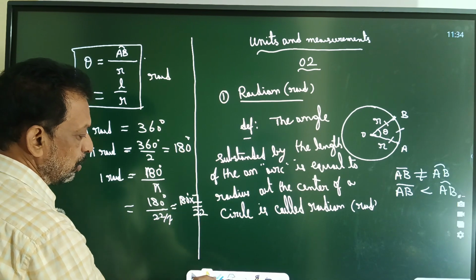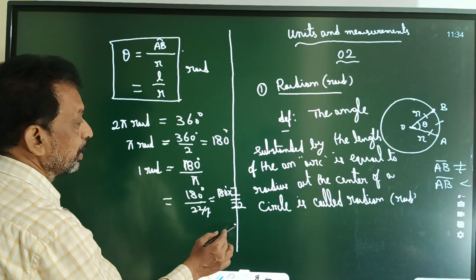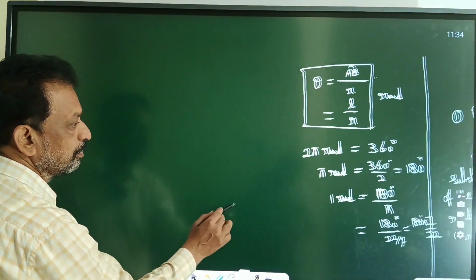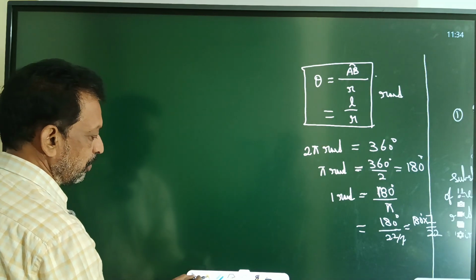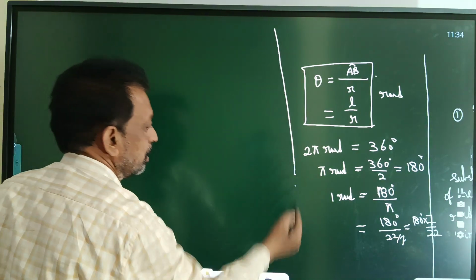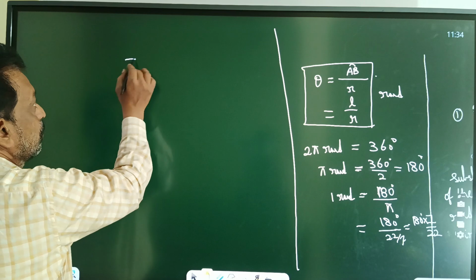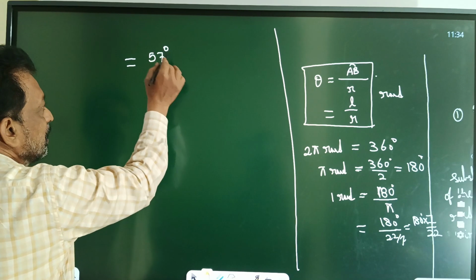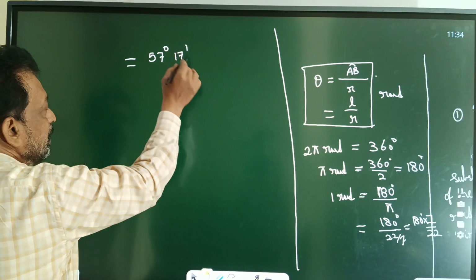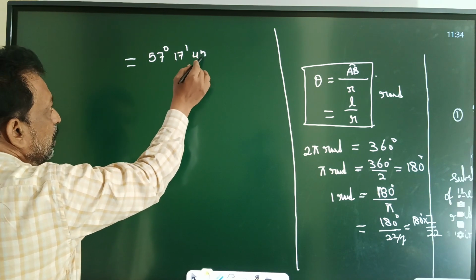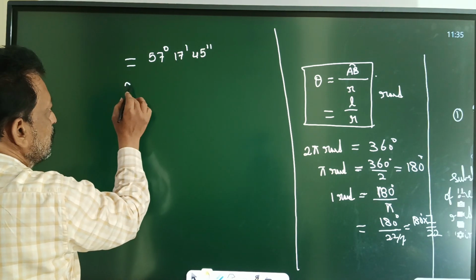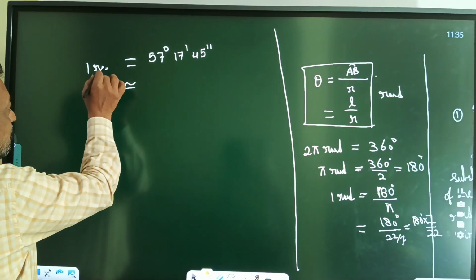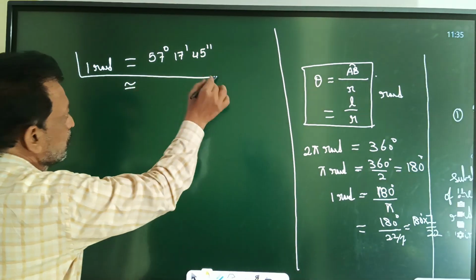Now we are going to simplify the value. That is equal to 57 degrees 17 minutes 45 seconds. So this is approximately 1 rad. Put it in a box.